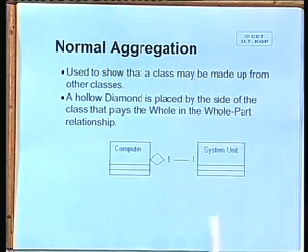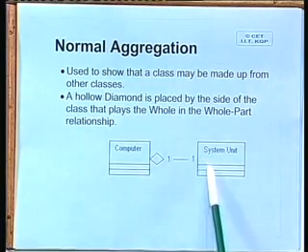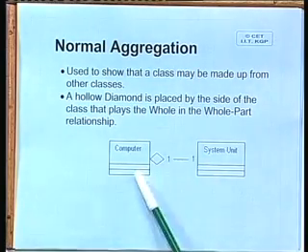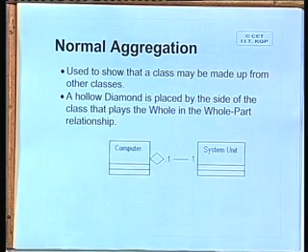A computer has one system unit. The computer is the whole, system unit is a part of it. Alright, so this is a kind of whole part relationship. It is a normal aggregation. The normal aggregation sometimes is simply called aggregation. Alright, most of the time the normal aggregation is called just aggregation.